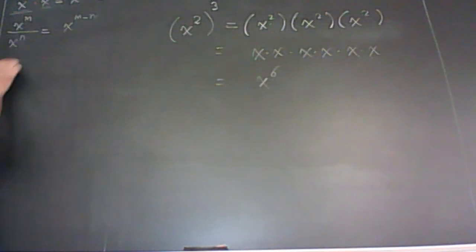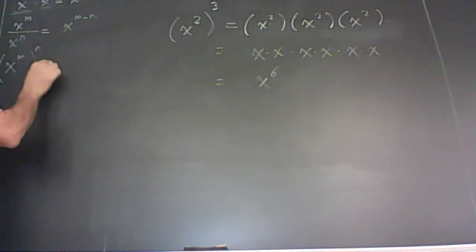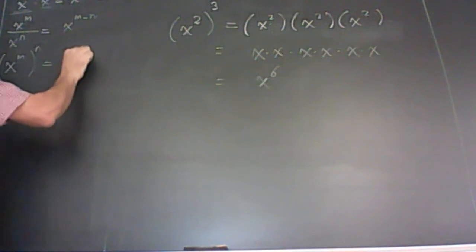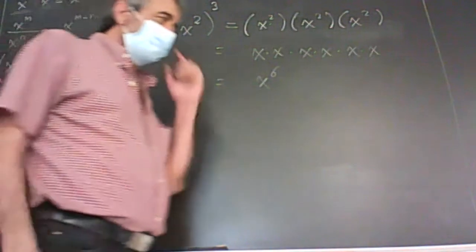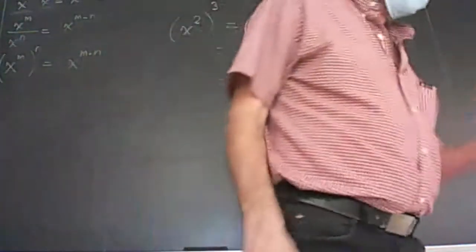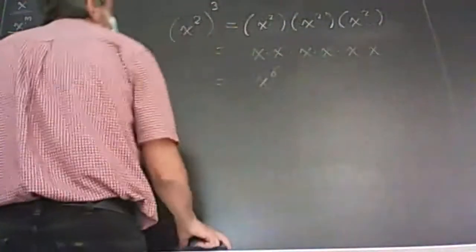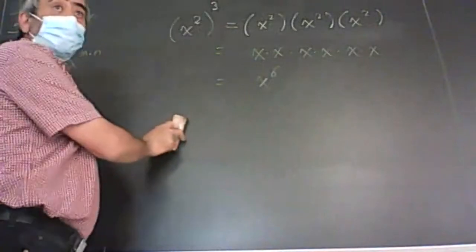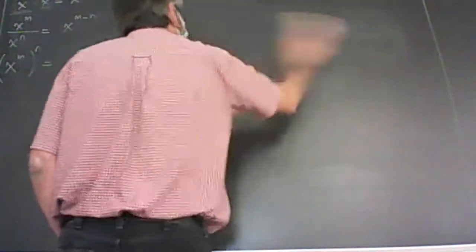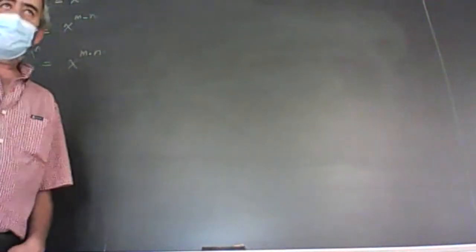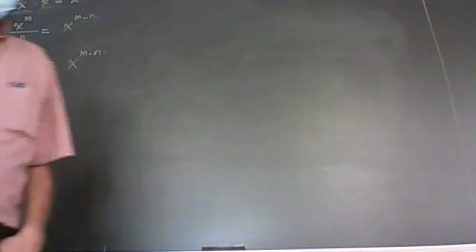So rule number 3, x to the power m to the power n equals x to the power m times n. Okay with that? All right, let's go to one more rule. And the rest of the rules, we'll go along with when we get to it.